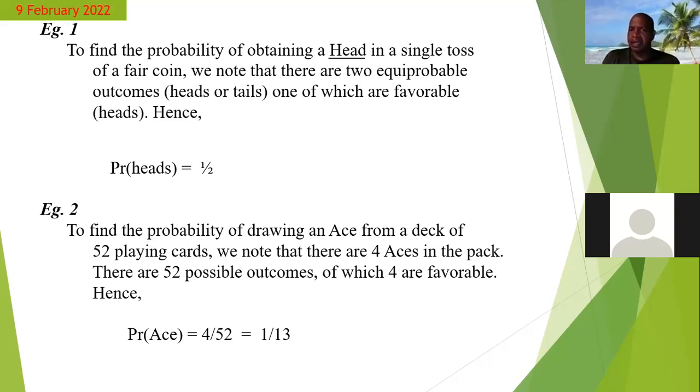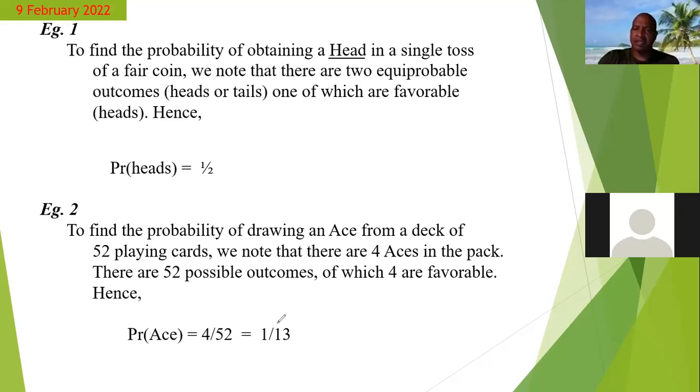An ace. And so we would have to consider how many aces we have in the card pack. It means that we would have 4 aces in the card pack. So our favorable outcome would be 4, and our possible outcome would be 52. So we would have 4 over 52.